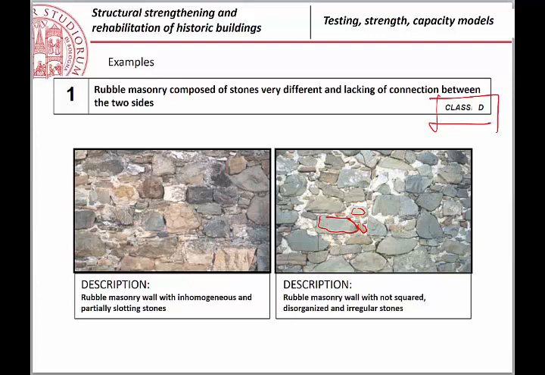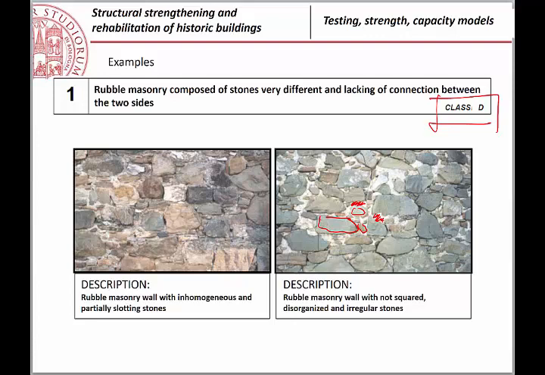And of course, when the sizes of the blocks are so different, there is a lot of mortar, because the mortar is used not to regularize the surfaces, but to fill the voids. So, for example, you can have here thicknesses of mortar of 5 to 10 centimeters. And you can imagine that in the interior of the wall, it is typically even worse than what you see on the front.